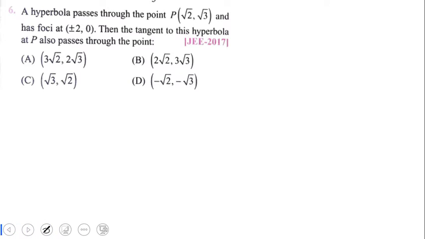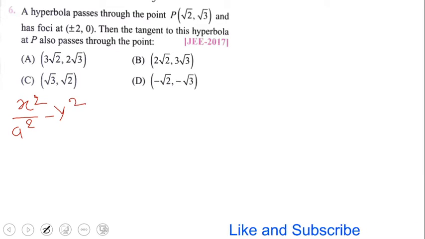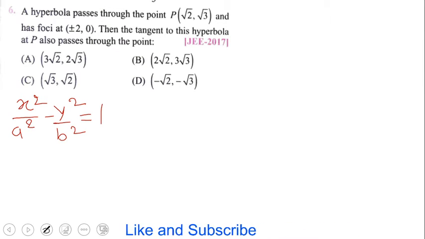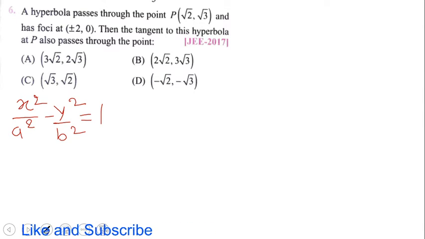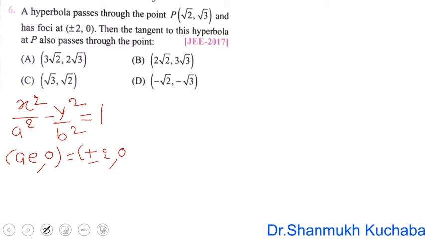The standard equation of a hyperbola is x square by a square minus y square by b square equal to 1. Further, the foci formula is ae comma 0, so ae is plus or minus 2 comma 0.